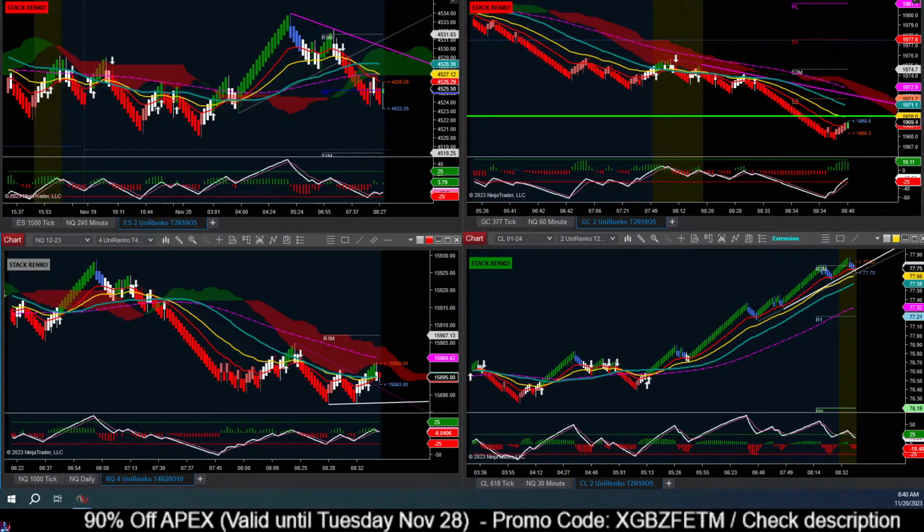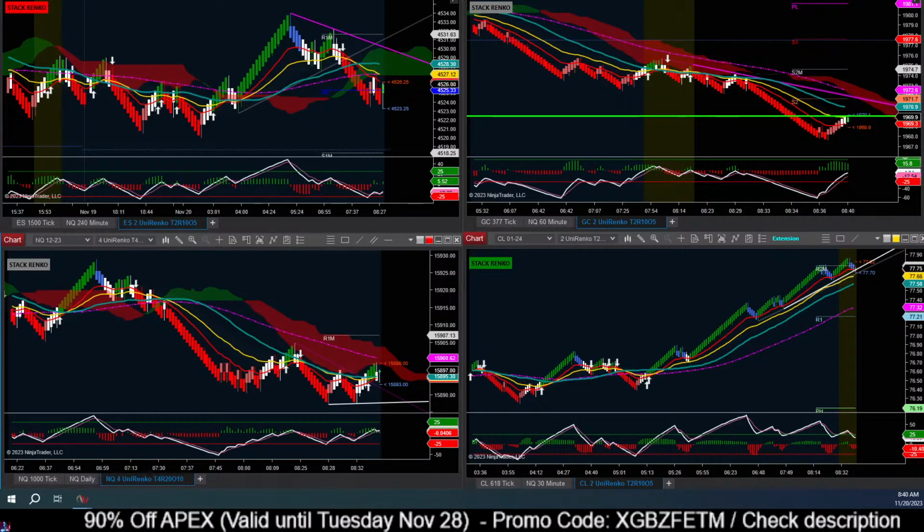Coming back up, bounce off of this lower range here. Right now it's below the resistance.